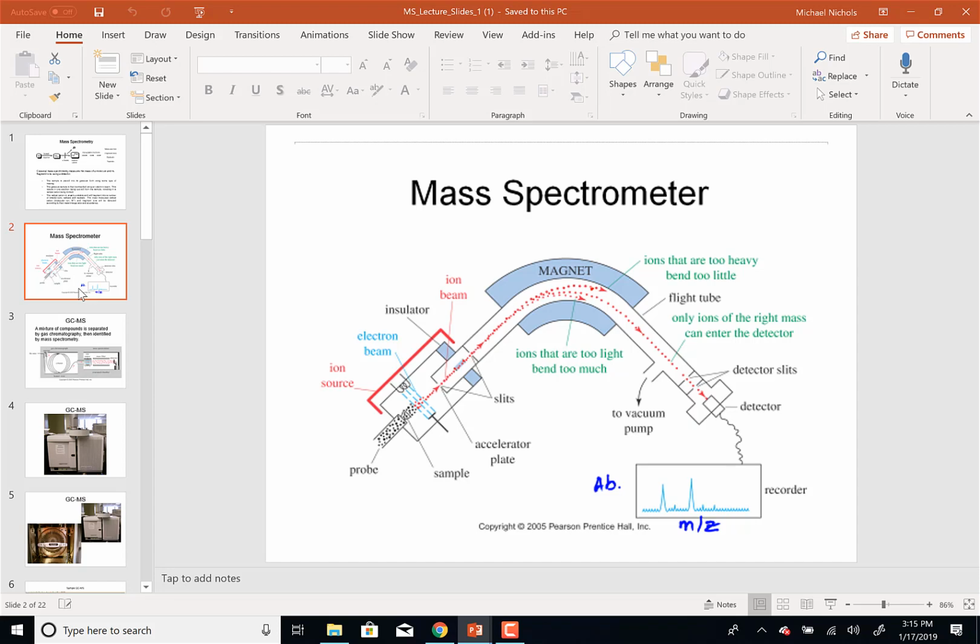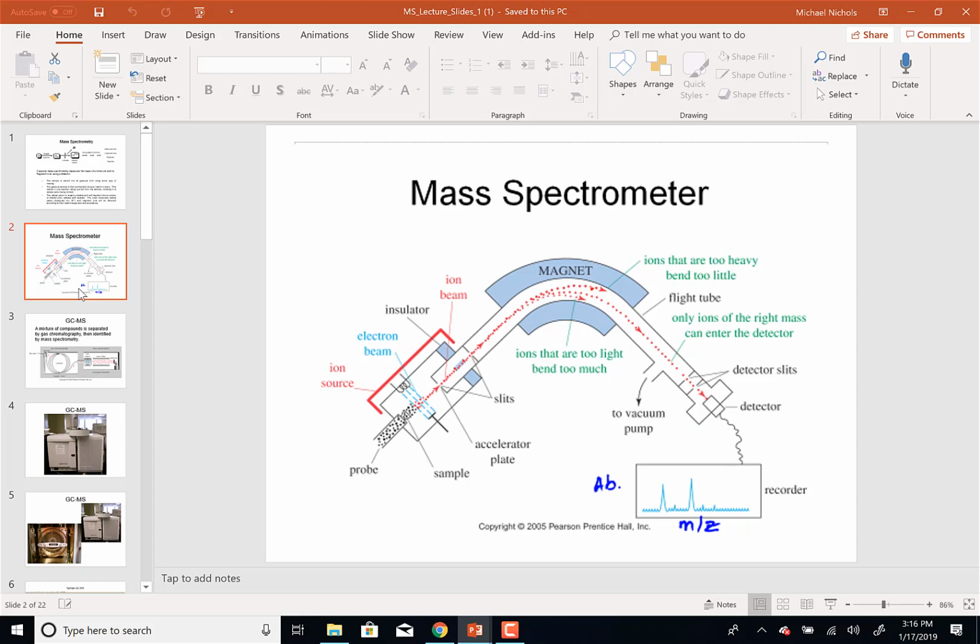Now, all of this is under vacuum, because if you just have gas molecules in there, atmospheric gas molecules, those things are going to be bouncing into them. They're going to be reacting. So we have to do it in a molecule-less environment, meaning we have to do it in a high vacuum. So we have to keep everything out of here. Reality, we don't keep everything out. There's probably a few water molecules, a few CO2, a few oxygens, and nitrogens, but we got to get rid of most of it. So this is all under vacuum.